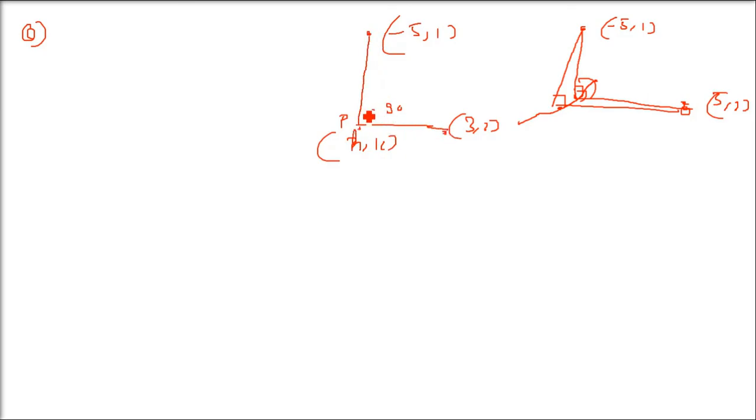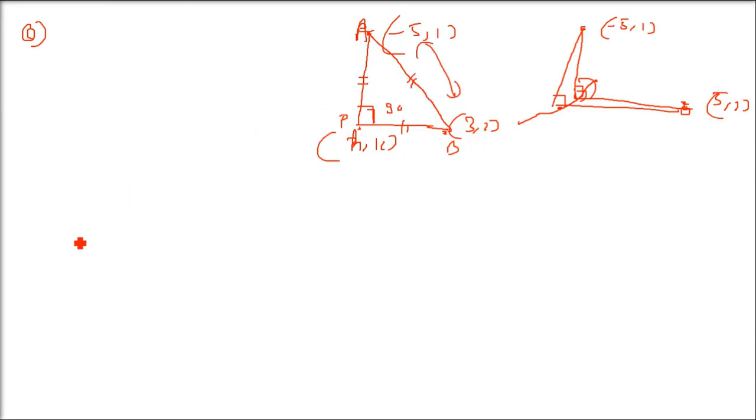Then since the angle is 90 degrees, we can use the Pythagoras theorem. So let us join this. We are making a right angle triangle. Take A and B. So PA square plus PB square will be equal to AB square.